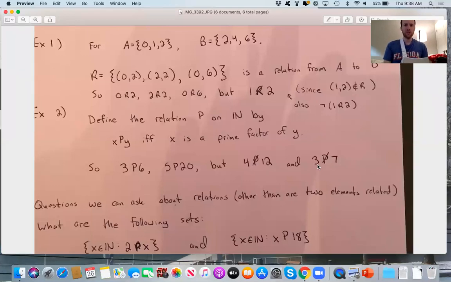So given this relation, we can use the definition to figure out, for pairs of numbers, since that's the set on which our relation lives, when two numbers are related or not related.